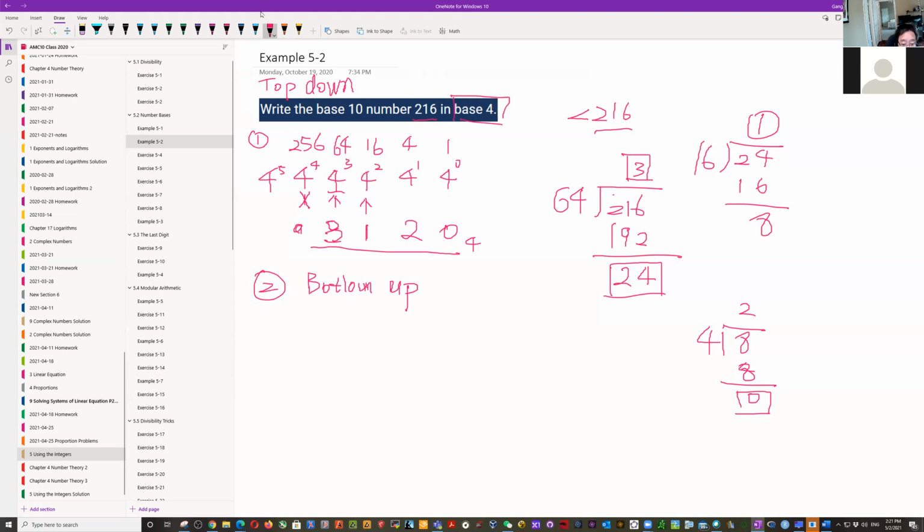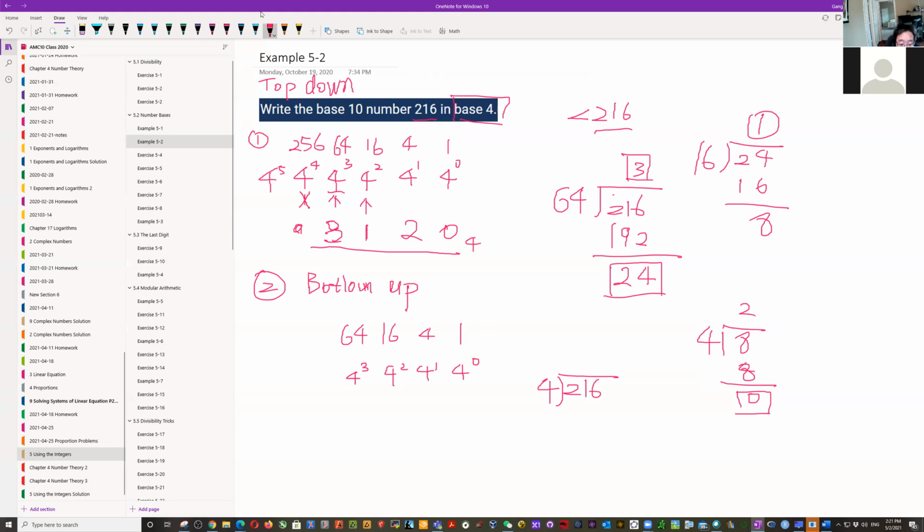So 216 divided by 4. Bottom up, I'm building up from the first digit, the unit digit. That's 4 to the 0, 4 to the first is 4, 4 squared is 16, 4 cubed is 64.